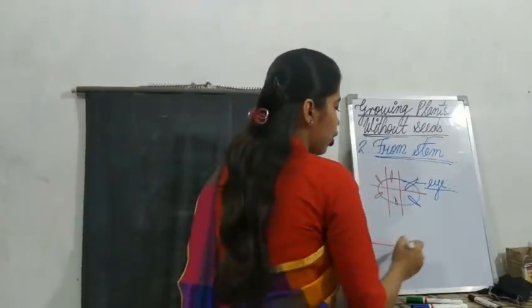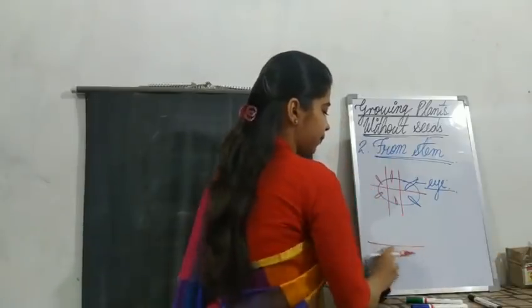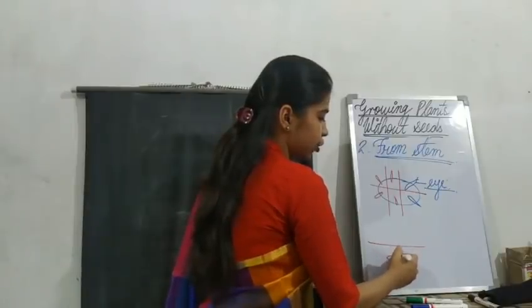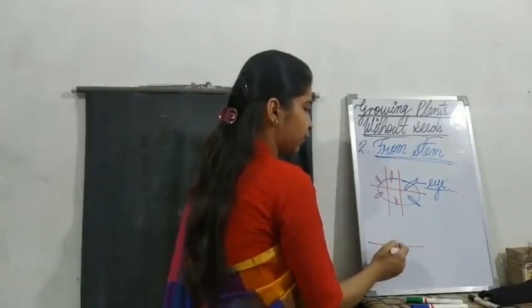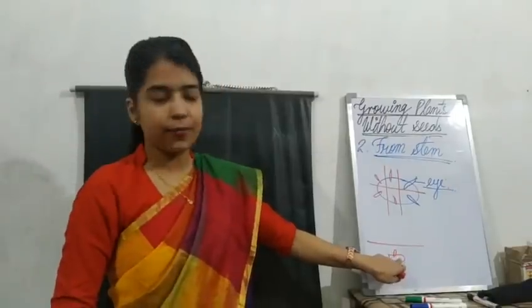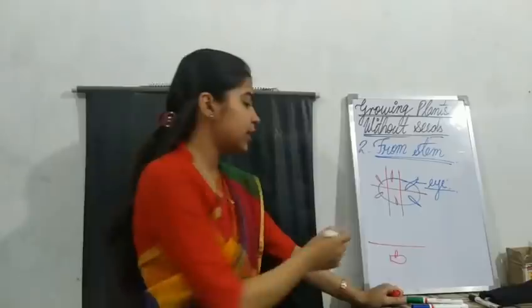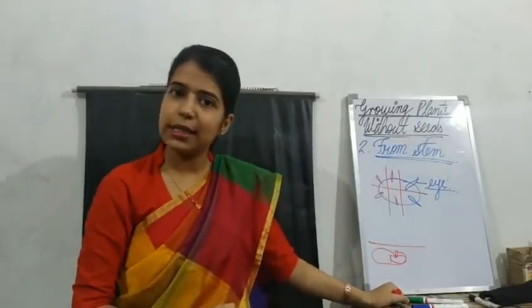Even if you put one portion into the soil with the eye in it, after a few days you will see this will grow into a complete potato. Is it clear to you all?